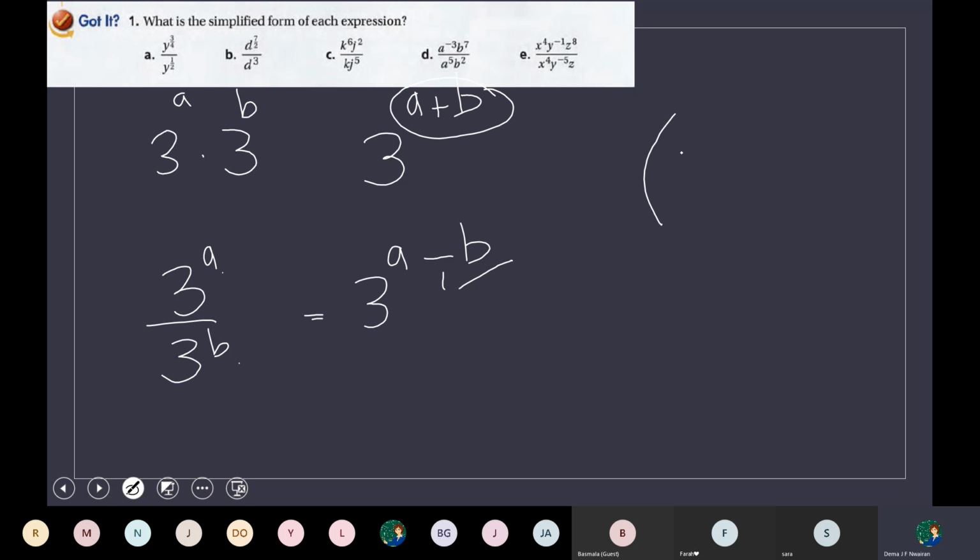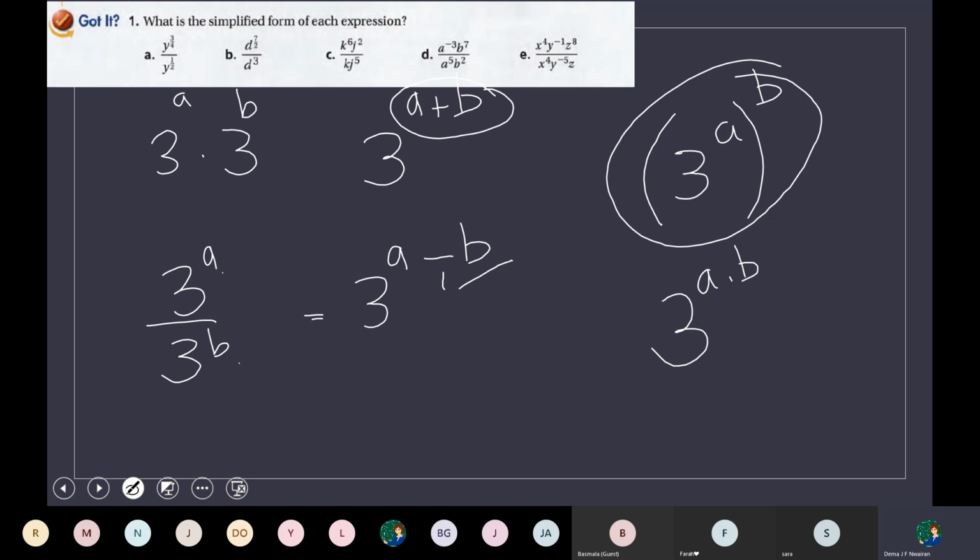If you have a base raised to the power A and this raised to the power B, you multiply A times B. This is the summary for us.